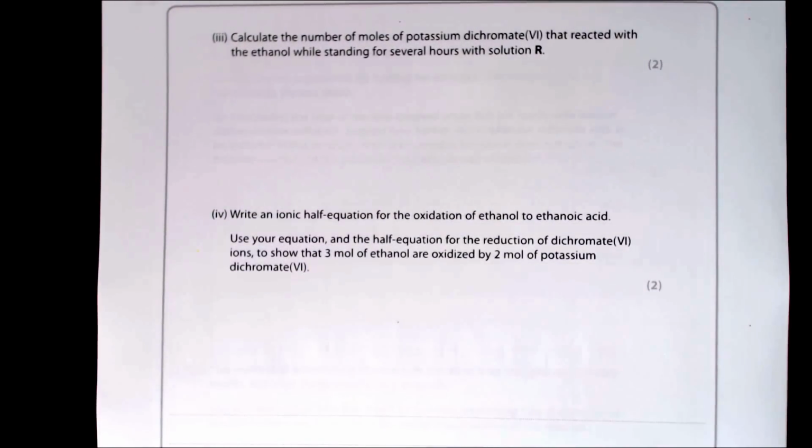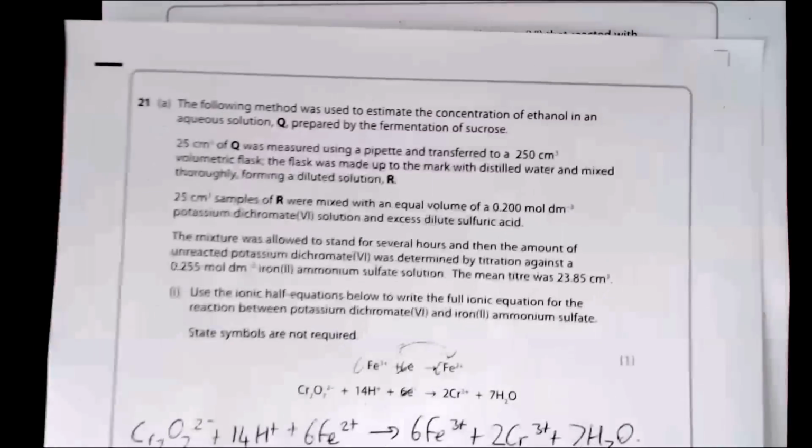We've got to calculate the number of moles of potassium dichromate that reacted with ethanol while standing for several hours with solution R. What we have to do is work out the number of moles of the dichromate right at the start, and then subtract the number of moles that remained, and then we'll work out how many moles reacted.